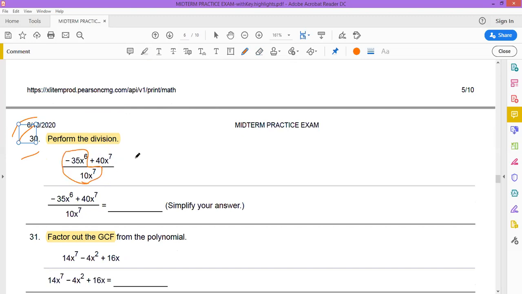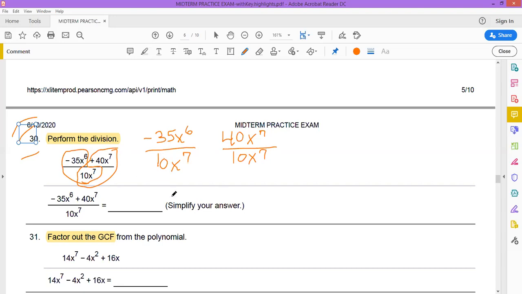So that's negative 35x to the 6th power divided by 10x to the 7th. And we're going to divide the 40x to the 7th by 10x to the 7th. All right, so you want to look at it as two sets of division.